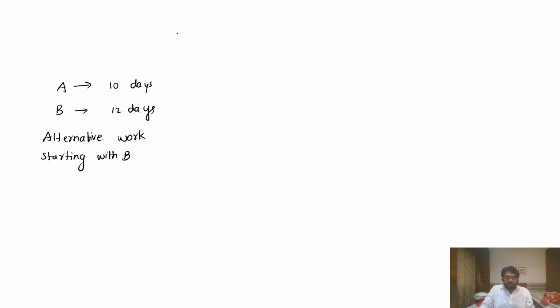The LCM of 10 and 12 is 60 units of work. Efficiency: 60 by 10 is 6 units per day for A, and 60 by 12 is 5 units per day for B. Now B, A, B, A, like that the work is going to complete.